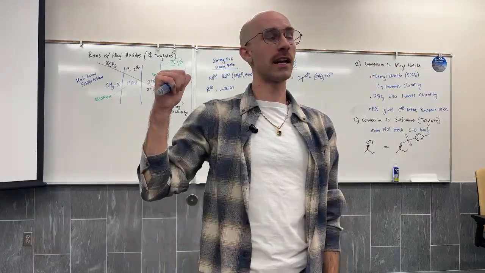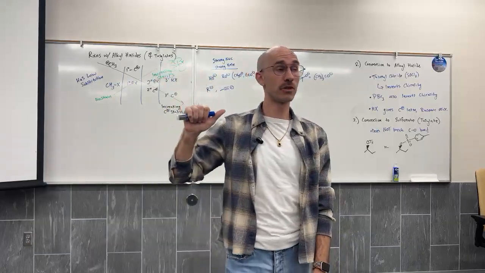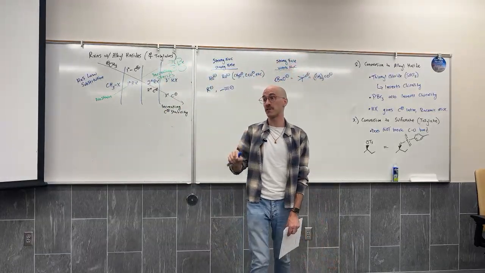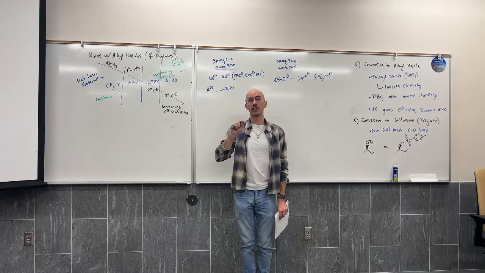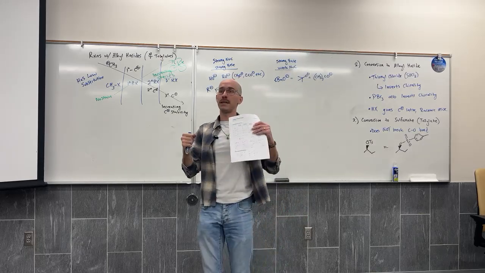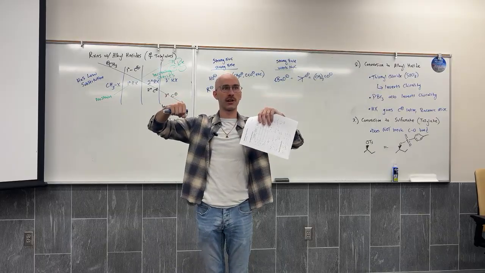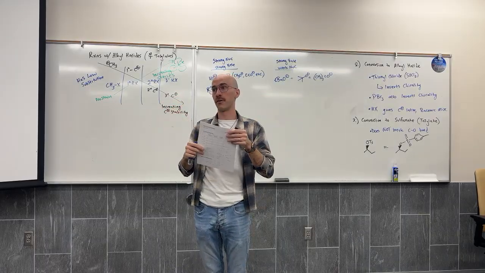And tert butoxide is big and bulky, meaning it brings with it a ton of steric strain. So it's hard for tert butoxide to get in there and make a bond because it is so sterically strained. It's a bad nucleophile for that reason.